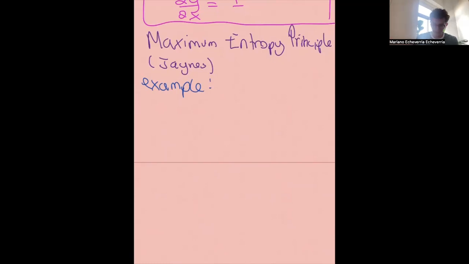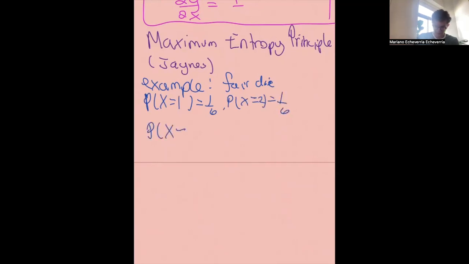So imagine you have a fair die. You have the random variable, which is what you can get on this die. What's the probability that X would be 1? It would be 1/6. The probability that X would be 2 would be 1/6, right?